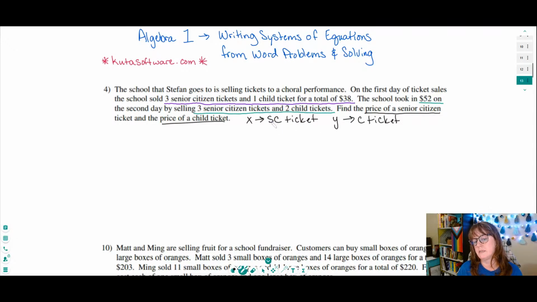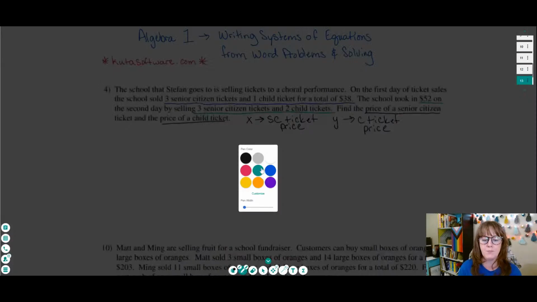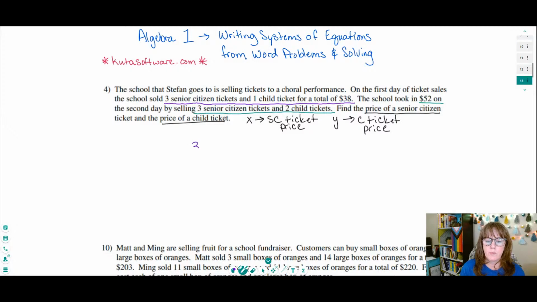X represents the senior citizen ticket price, and Y represents the child ticket price. That's an important distinction I should have said before. So 3 times the price of the senior citizen ticket plus 1 times the price of a child ticket is going to give us $38.